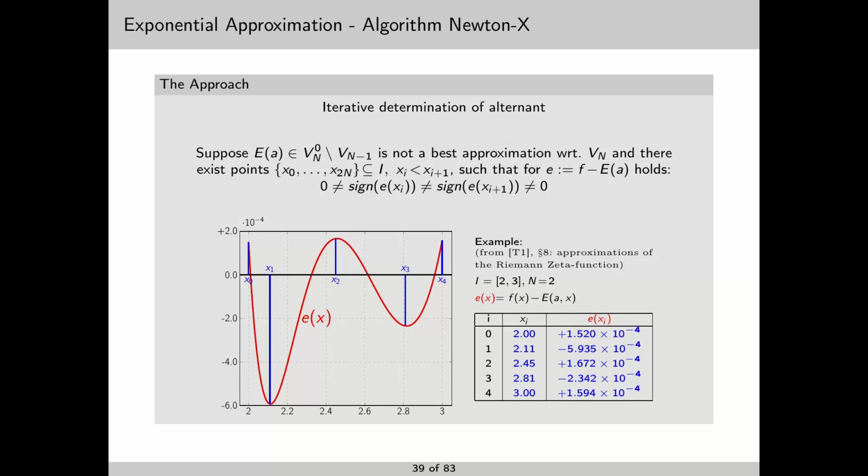An exponential sum which has an alternate at these extremal points should be a better approximation. In any case, the value of its associated error function at these points is smaller than the norm of the error function e of x, which here is given at point x1.